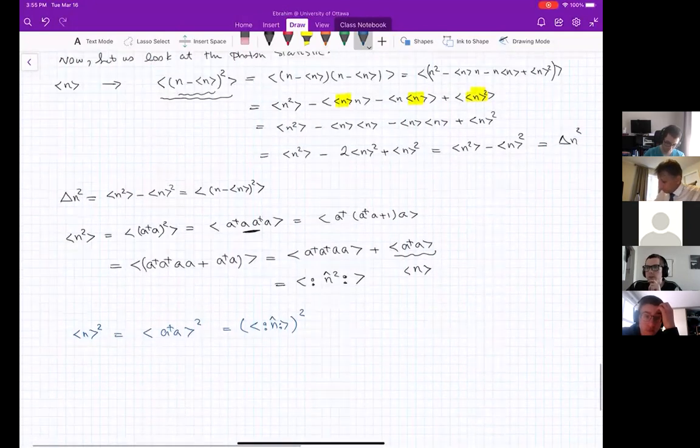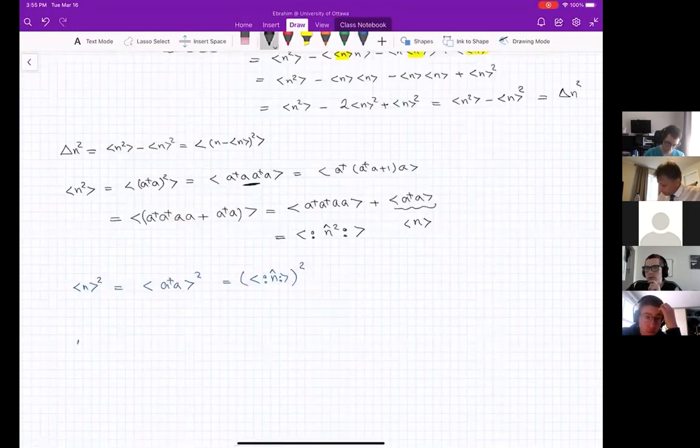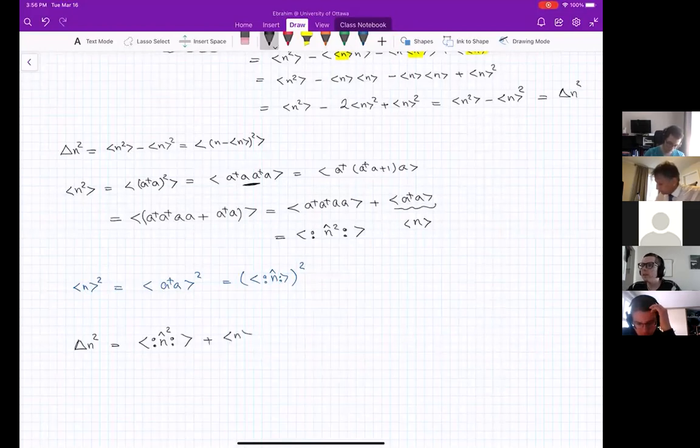All right, so delta n squared essentially is given by the normal order of n squared plus n, plus, oh sorry, minus the normal order of n to the power of 2.